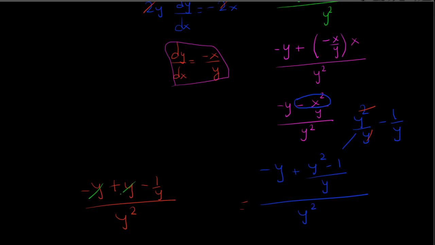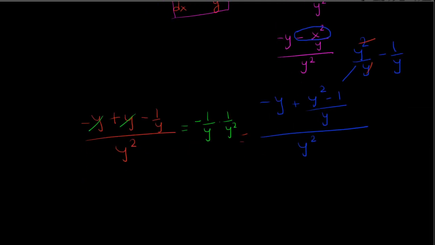The y's are going to cancel. I'm left with negative 1 over y divided by y squared, which is the same thing as multiplying by the reciprocal. And so my final derivative here is negative 1 over y cubed.